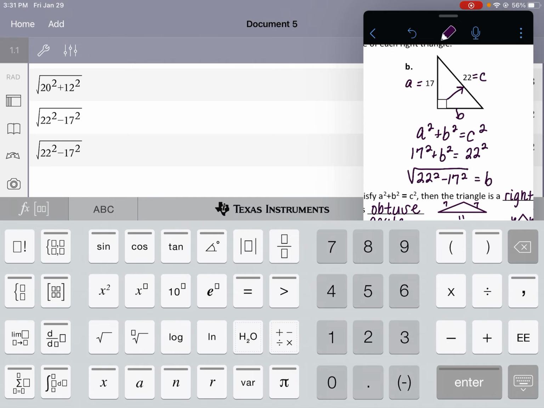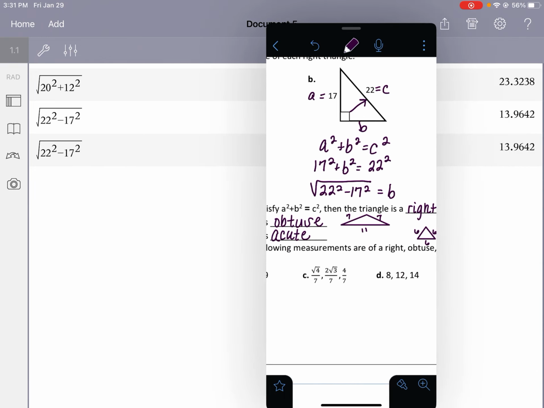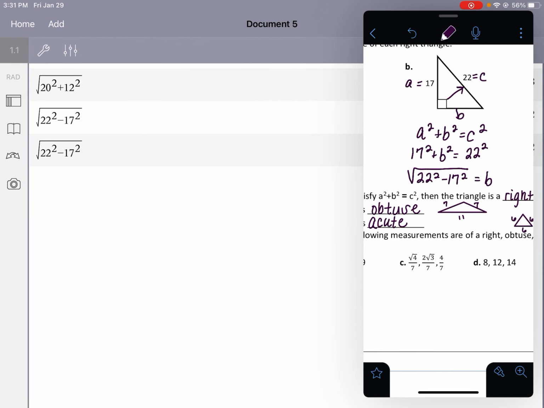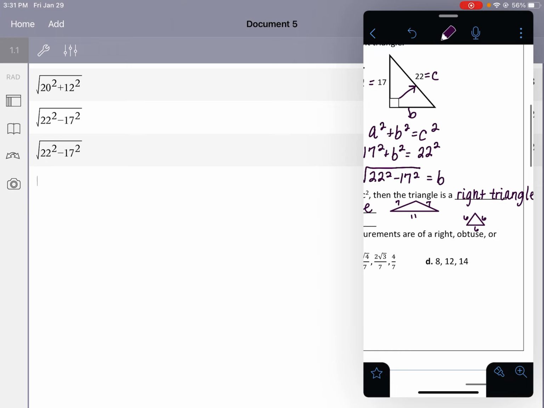All right, so for this one we get 13.96. Now that 6 is going to round the 9 up to a 10, which you can't put a 10 there, so we're going to round that 13 up to a 14, so it's about 14. Okay, so that is that.